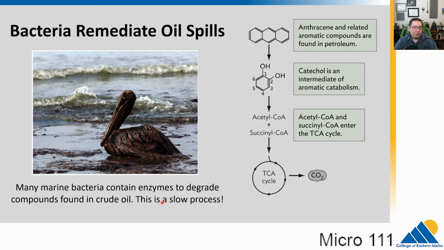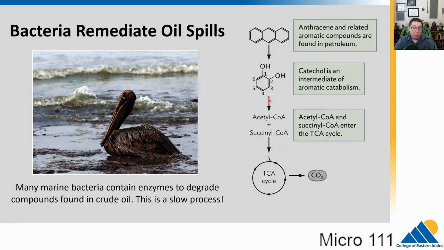So it's kind of a slow process, but when there is an oil spill, there are thoughts that maybe we could bioengineer these microbes to help degrade the oil spill. They take what are called aromatic compounds. They have these carbon rings, and they break them down into acetyl-CoA, and then they shuffle that into that TCA cycle we talked about.